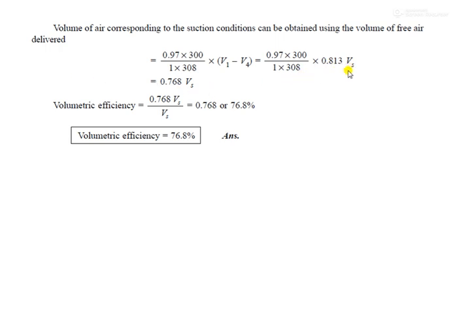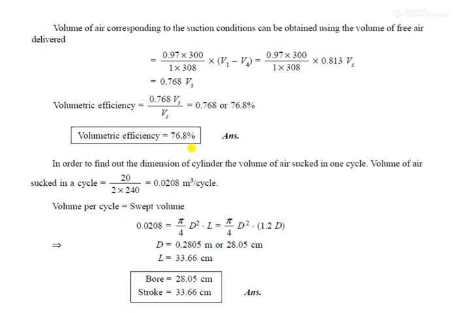We can use the expression P1 V1 by T1 equal to P2 V2 by T2 to find out the V for the free air conditions, and then divide it by the swept volume. It will give us the ratio 0.768, or the volumetric efficiency of 76.8%.